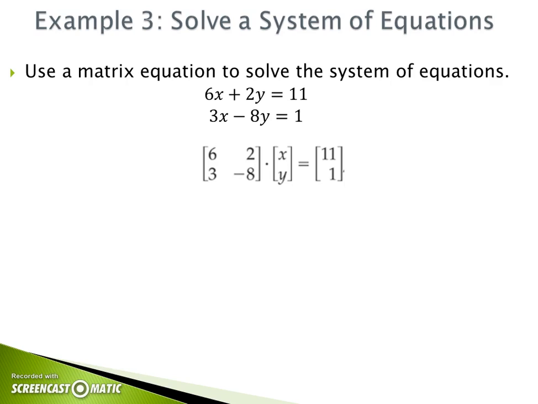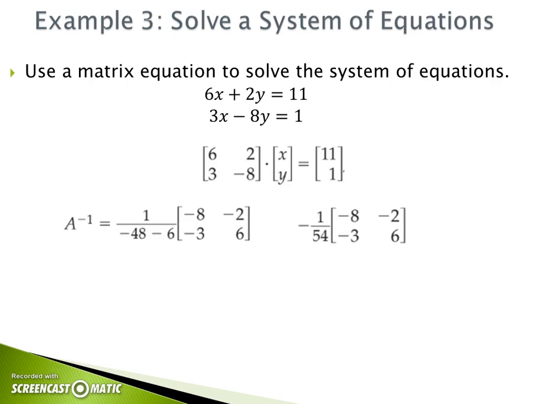So we do 1 over the determinant, and the determinant would be 6 times -8, so -48, minus 2 times 3, which is 6. We switch 6 and -8, and then we make 2 and 3 negative. So we're doing 1 over -48 minus 6 times -8, -2, -3, 6. 1 over -48 minus 6 is -1 over 54.